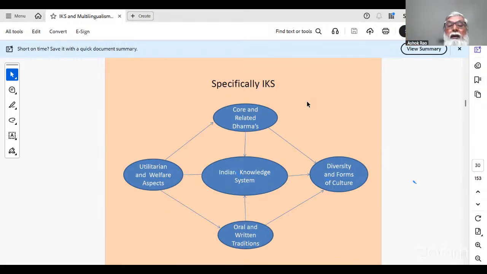It also gives a tremendous amount of utilitarian and welfare aspects when we follow a knowledge system. For example, we have a festival. When we have a festival, people who grow flowers also have a role in it. They grow flowers and make a living out of that. What do we do with the flowers?